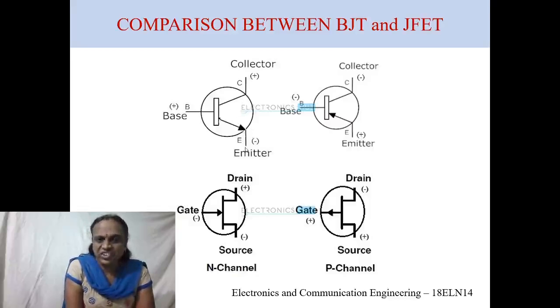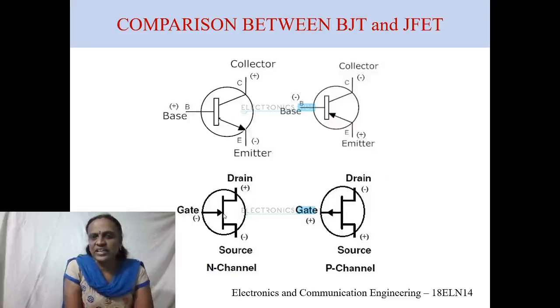In a similar fashion, here, if the middle arrow points inward, then it is an N type. The terminals of a BJT are collector, base and emitter, whereas the terminals of a JFET are drain, gate and source.